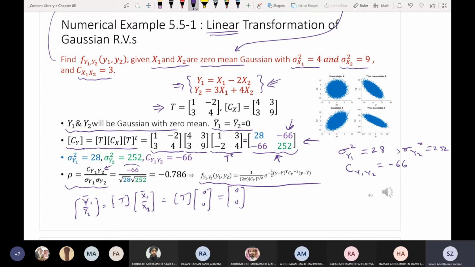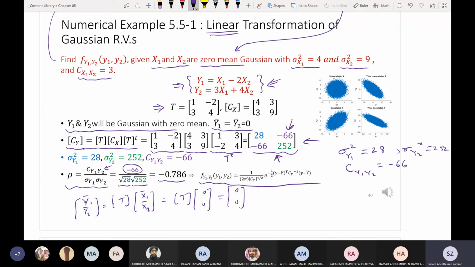So it's minus 66 divided by the square root of 28 times the square root of 252. And if we calculate this, it will be minus 0.786.